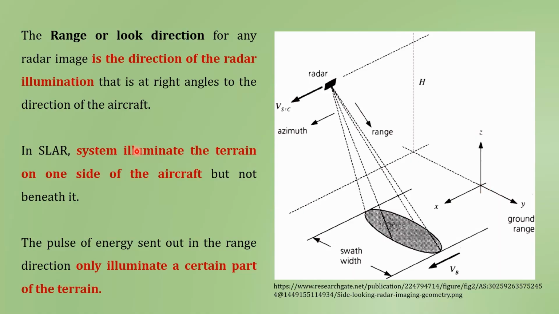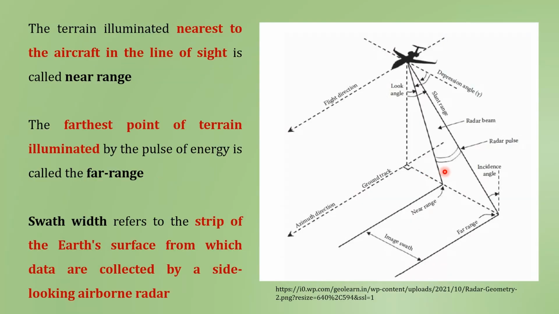In side looking airborne radar, the system illuminates the terrain on one side of the aircraft but not beneath it, either on the left side or on the right side. The pulse of energy sent out in the range direction illuminates only a certain part of the terrain. If we consider this area on the ground, this is the radar beam which is illuminating this much portion on the ground.